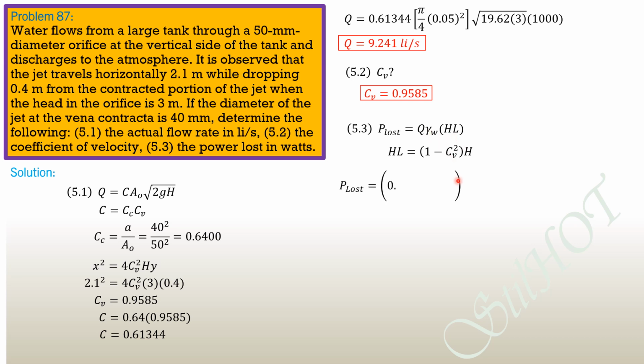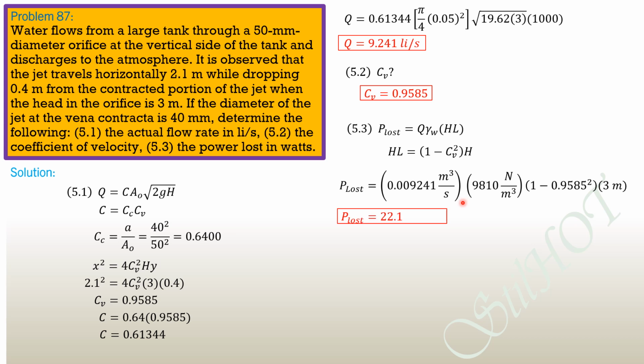So power loss equals 0.009241 cubic meter per second discharge, times the specific weight of water 9,810 newtons per cubic meter, times head loss 1 minus 0.9585 square times 3. So the units would be in newton meter per second, joules per second, or watts. So power loss is equal to 22.10 watts.